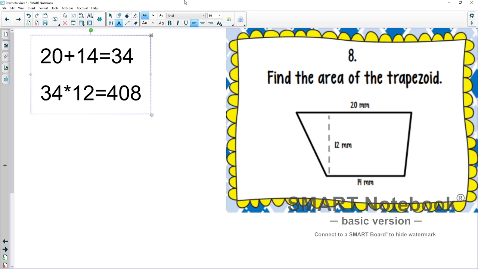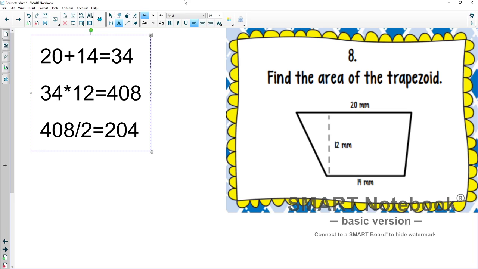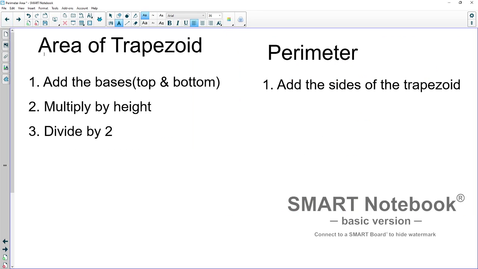Last step is to divide by 2. So 408 divided by 2 equals 204. What's my measurement? Millimeters squared. Whoops, squared. That's it. So again, I'm looking at my steps: add the bases, multiply by height, divide by 2. And that's it. Perimeter, add all the sides.